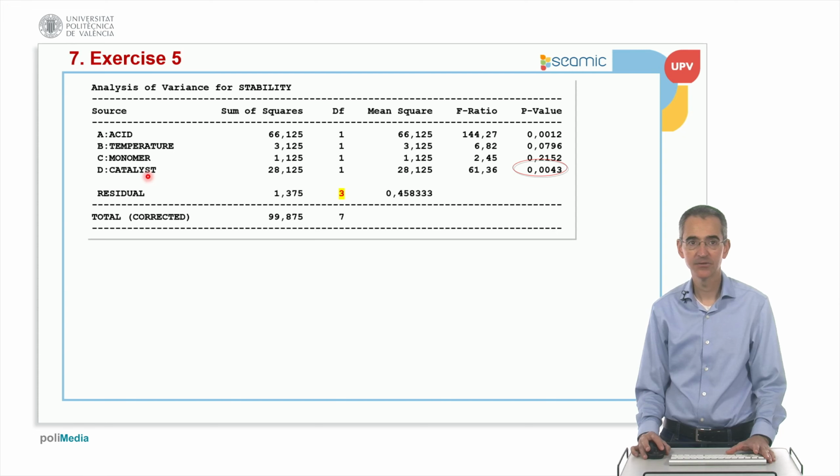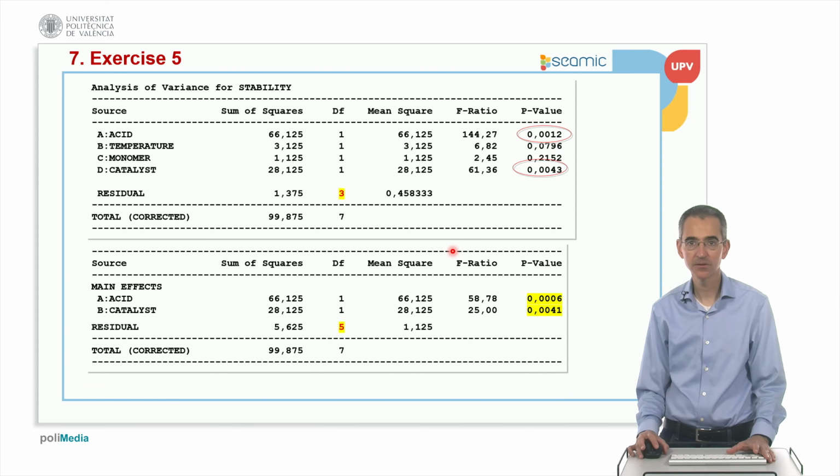Conversely, the effect of catalyst is clearly significant, and the same for the effect of acid. In the case of temperature, the p-value is close to alpha. As the degrees of freedom are so small, we decide to remove temperature and monomer, and leave in the ANOVA just acid and catalyst.